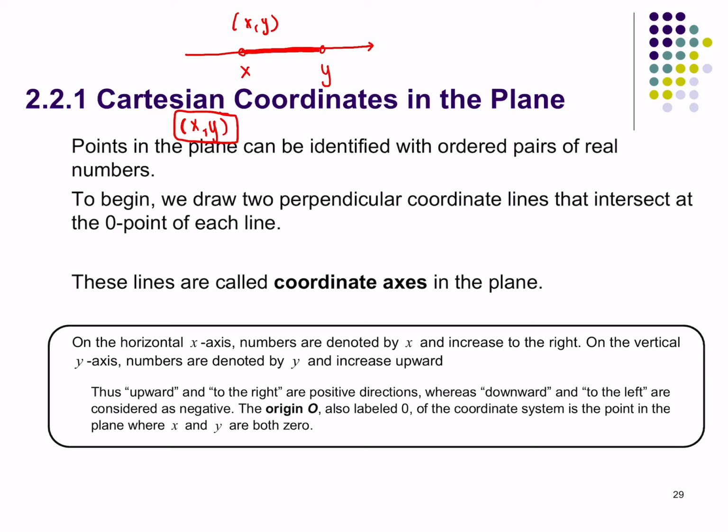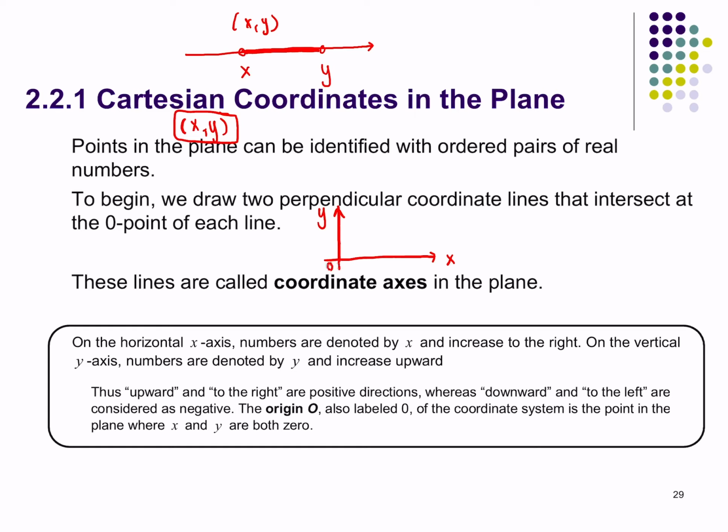To begin with, we draw 2 perpendicular coordinate lines that intersect at the point 0. Let's say this one is the y-axis and this is the x-axis. Now we have 2 perpendicular coordinate lines, and here at the intersection, let's say that this is the coordinate 0 of the origin.